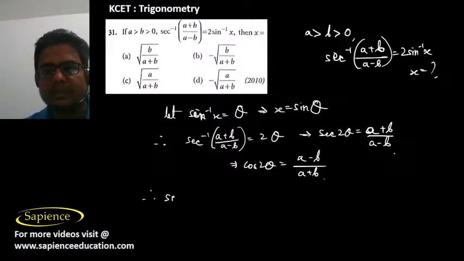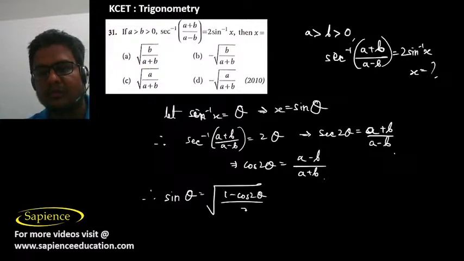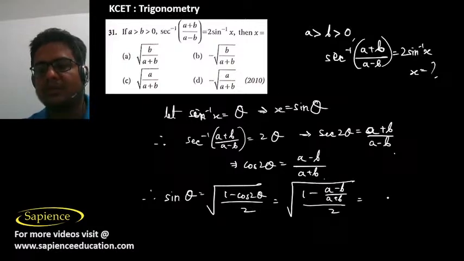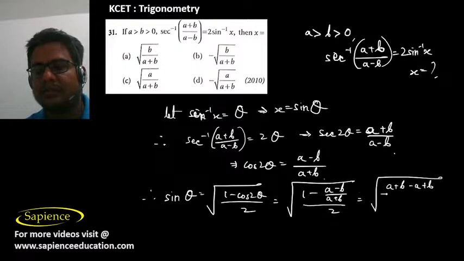Now therefore sine theta is X. So if we can find sine theta, that will be X. So sine theta will be square root of (1 minus cos 2 theta) by 2. So that is square root of (1 minus (A minus B) by (A plus B)) by 2. So that will be square root of ((A plus B) minus (A minus B)) by 2 into (A plus B).